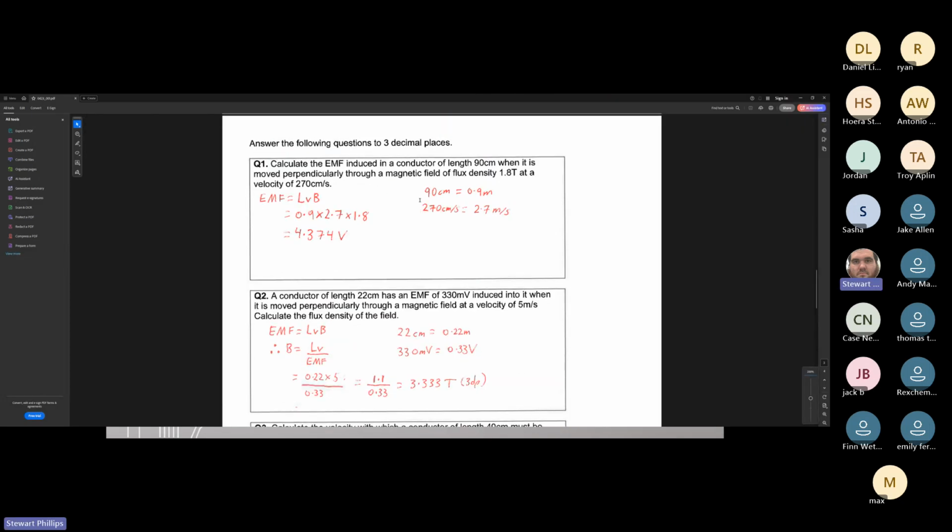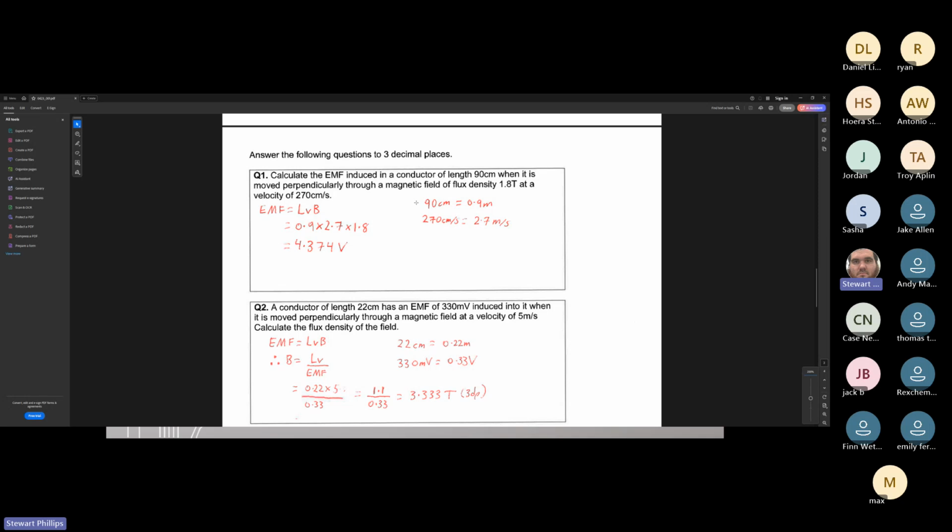The formula we needed for this was EMF equals LVB, or any combination of BLV, BVL, which is basically the electromotive force is equal to the length times the velocity times the magnetic field measured in Teslas, or the flux density.